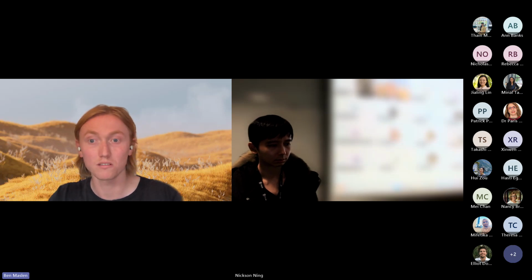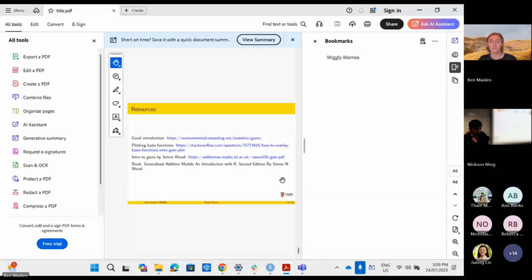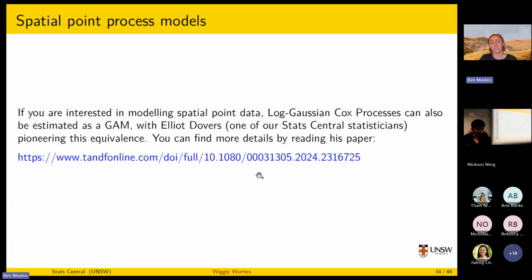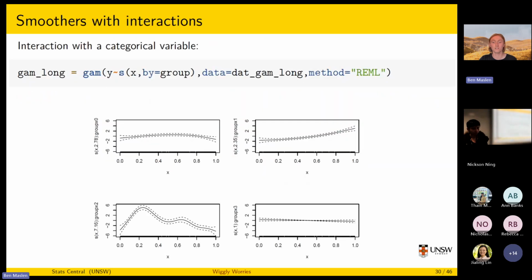So I can share screen. For example, here, the relationship on the bottom right-hand corner is a linear relationship. So it's fit a linear line here for that one where it thinks it's a linear relationship.